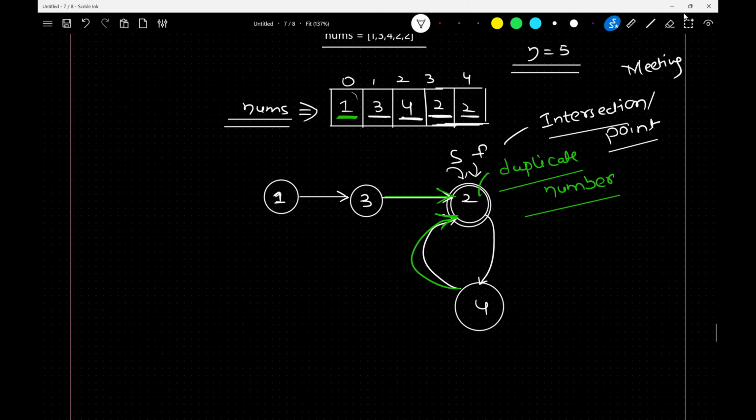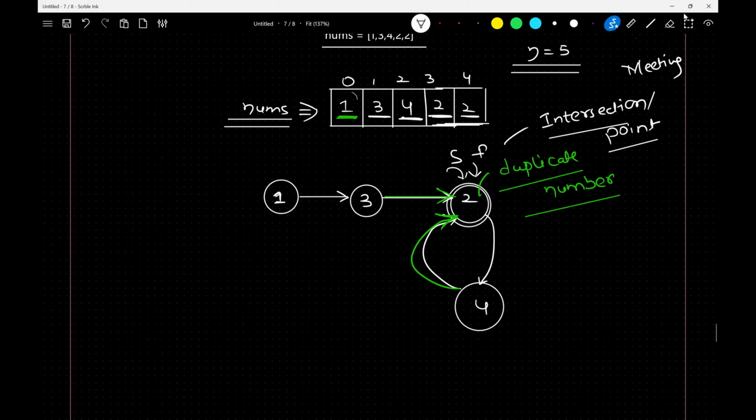This is the nums array we have, which is 1, 3, 4, 2, and 2. The index numbers are 0, 1, 2, 3, and 4. First of all, I'll create a structure of this list.